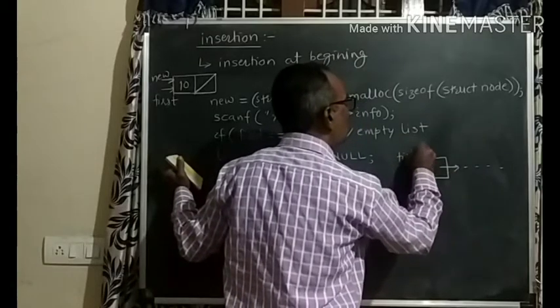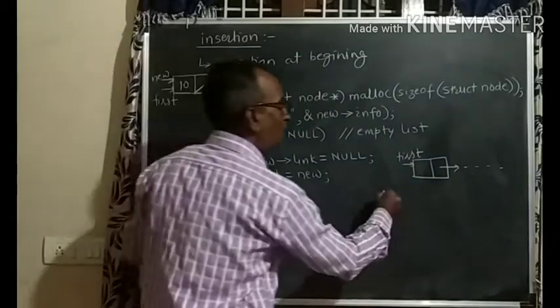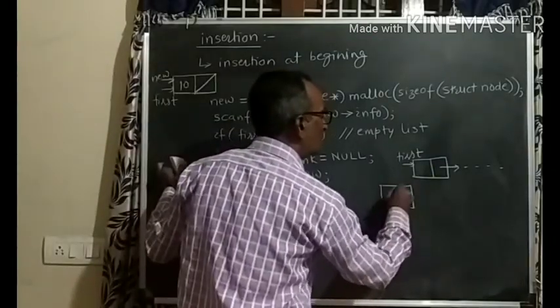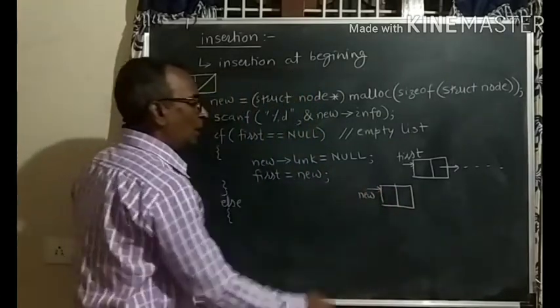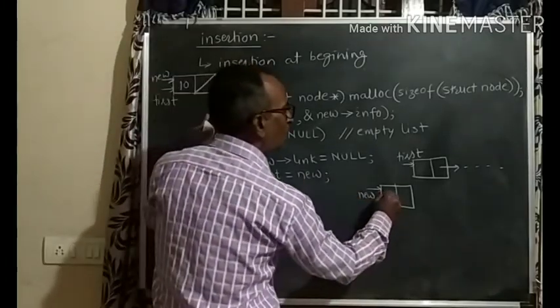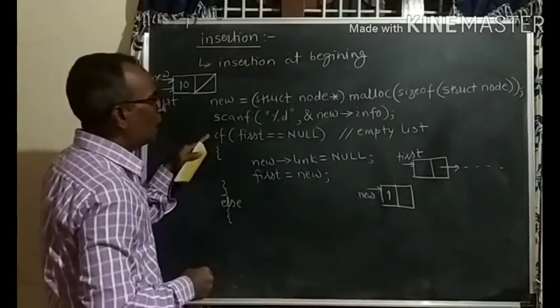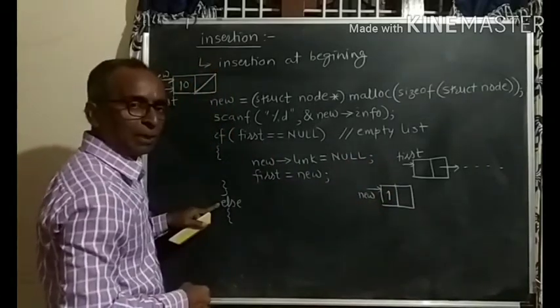The linked list is not empty in this case. Already by this statement you have created one new node. This is pointed to by new. Now the information field you have set already. Suppose 1. First is not null, so it will go to the else part.